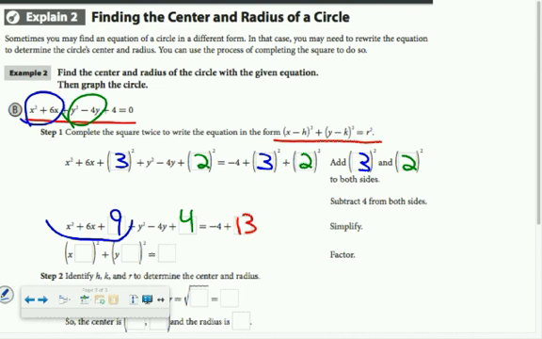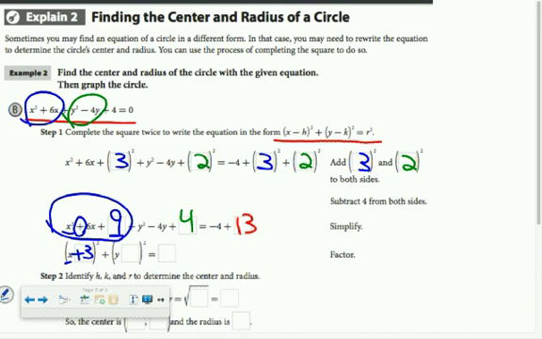And so now this blue expression can be rewritten as a binomial squared. So notice that this x is the square root of this x squared. Similarly, the number I put in this parenthesis is going to be the square root of this 9. So that's 3. The sign that I use is this sign.